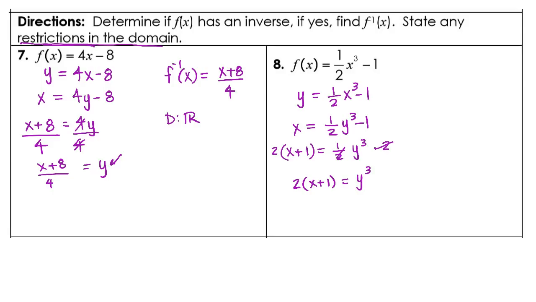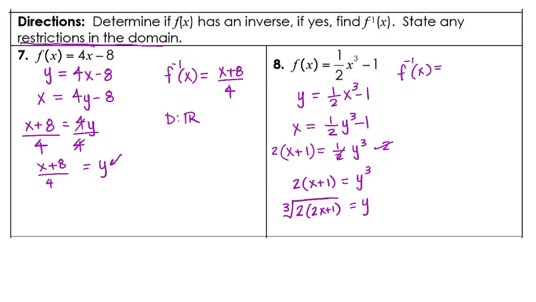And then finally, the last step, we need to take the cube root of both sides. So I'm going to have the cube root of 2 times x plus 1. That's going to be equal to y, but again, we need to change our notation because that's not really a y value, it is the inverse value.